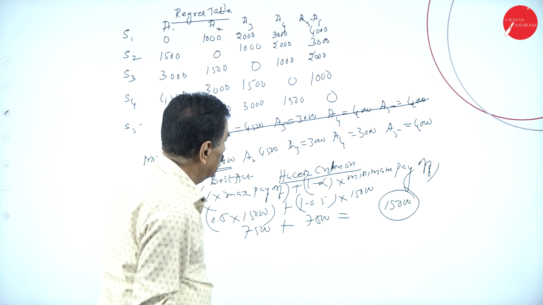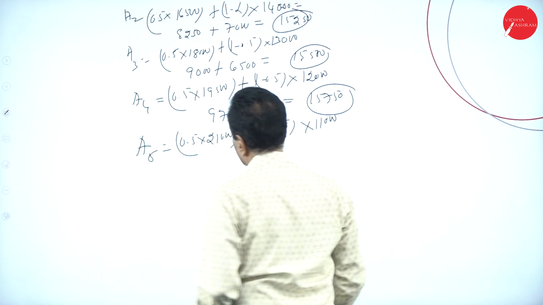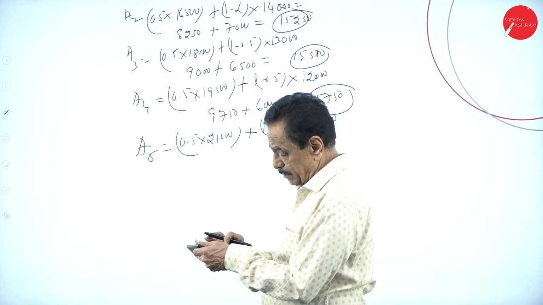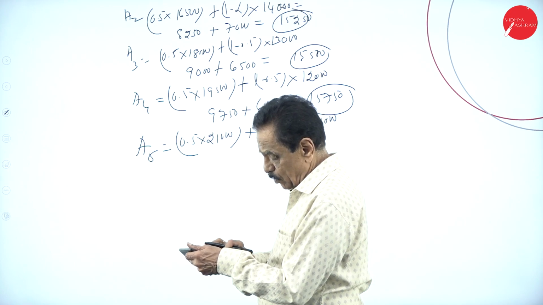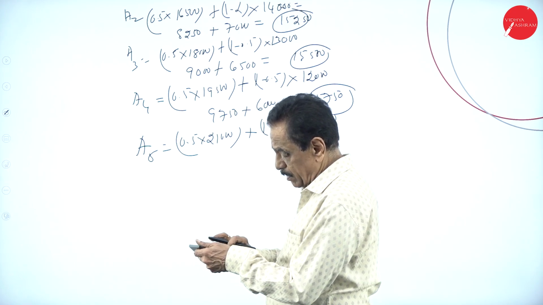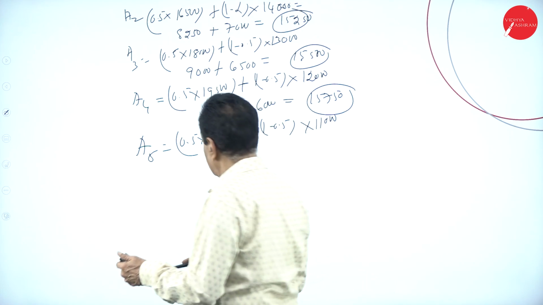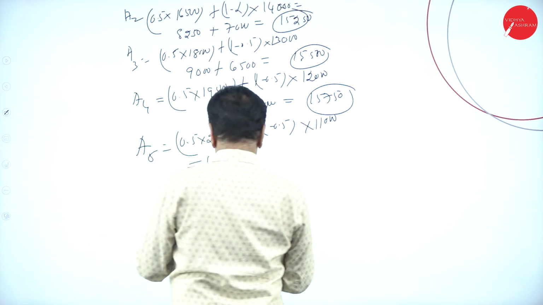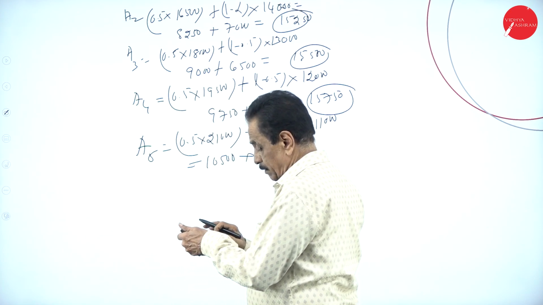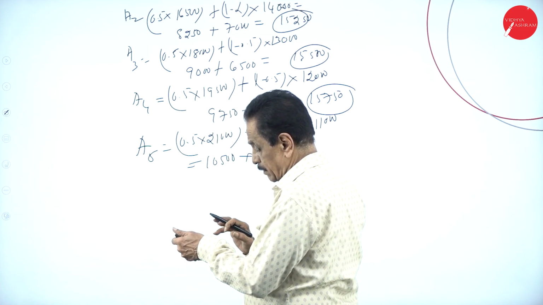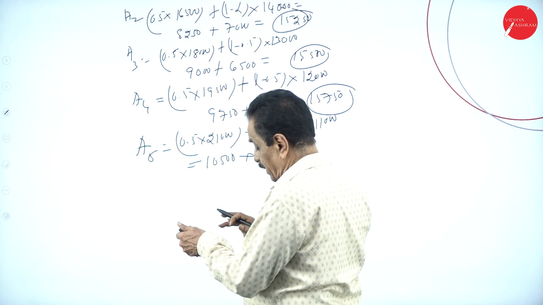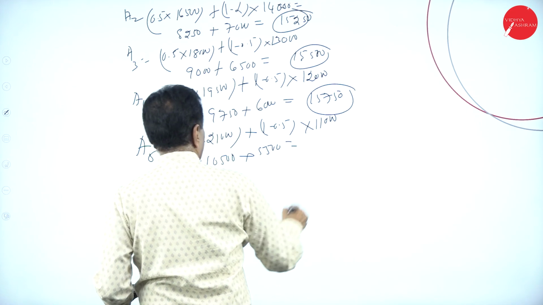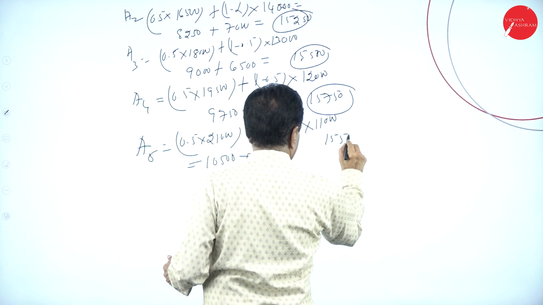Check this. 21,000 into 0.5 is 10,500, plus 11,000 into 0.5 is 5,500. That gives 15,500.